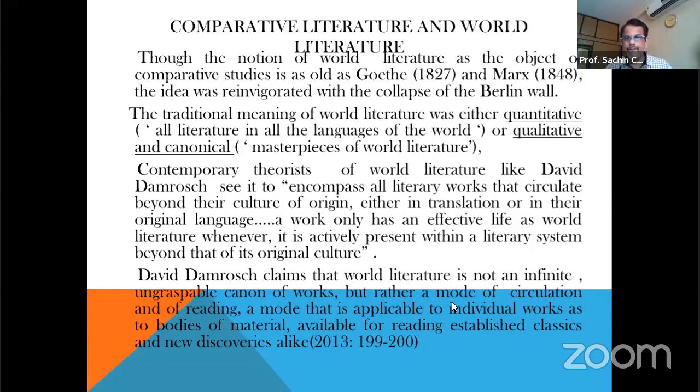So the idea of world literature becomes a prominent notion, and it's rethought from what it was earlier thought to be, after globalization, after the collapse of the Soviet Union.